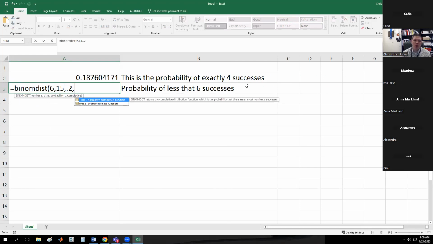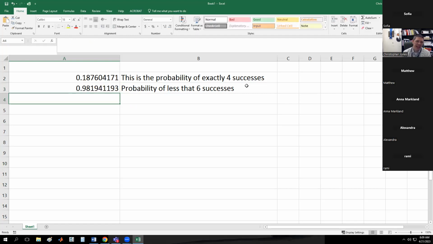And then instead of false, anytime I have less than, I'm going to type in true. Okay, so the only difference between false and true is that for false it's exact, for true it's less than. If I execute this, I get about a 98% probability.